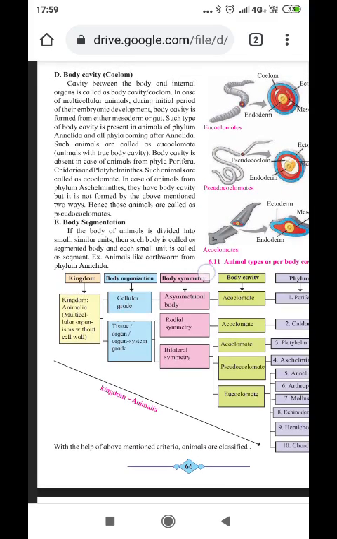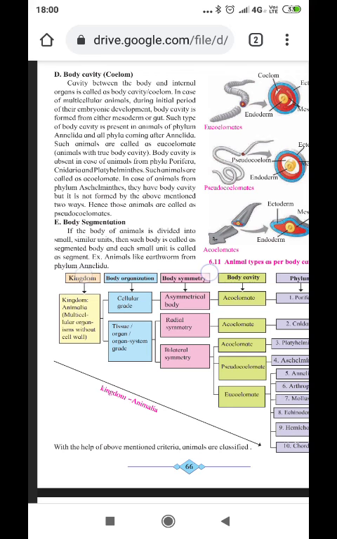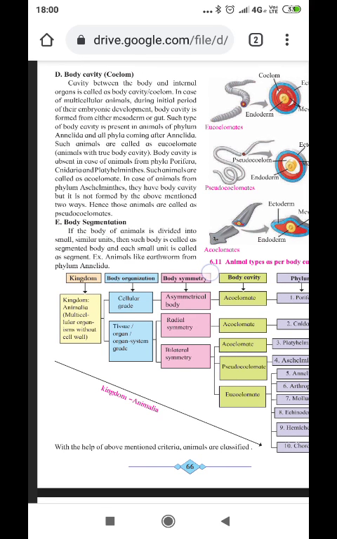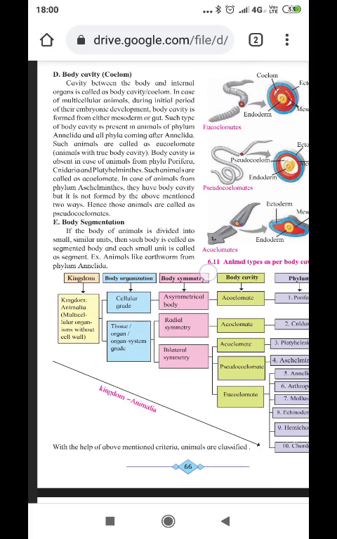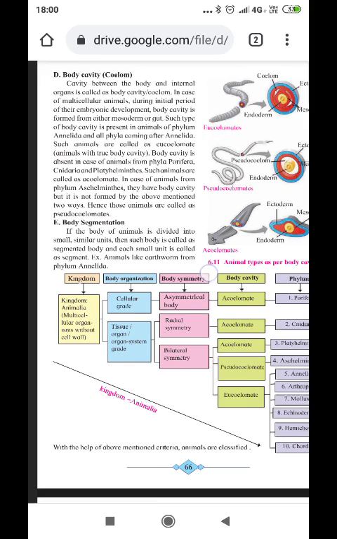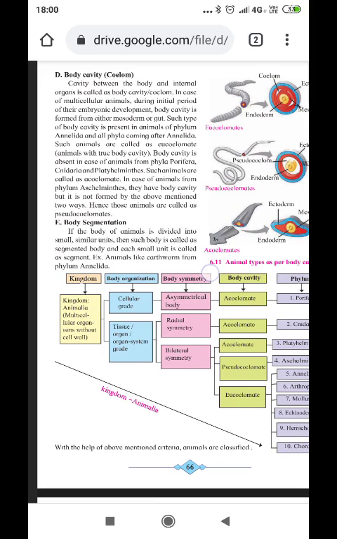So here three types of cavity we have discussed. The first is eucoelomate, the second one is acoelomate, and the third one is pseudocoelomate. In eucoelomate, the cavity is present.